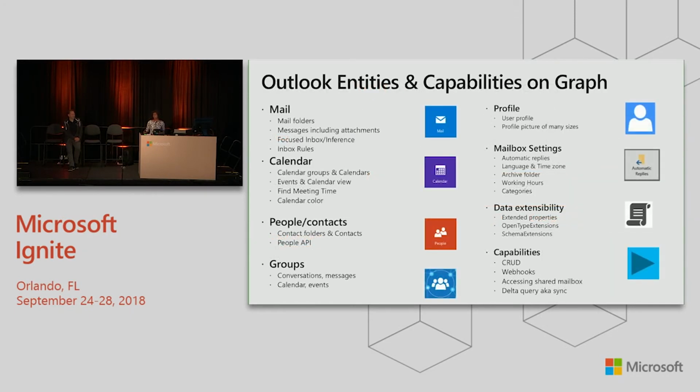Now, with that introduction to Graph, here are some of the major Outlook capabilities that are already available in Graph today. For our developer audience, these capabilities will enable you to build experiences that make your users and customers more productive. For example, you can build experiences or applications that may scan your user's calendar and be able to suggest times for their next team meeting.